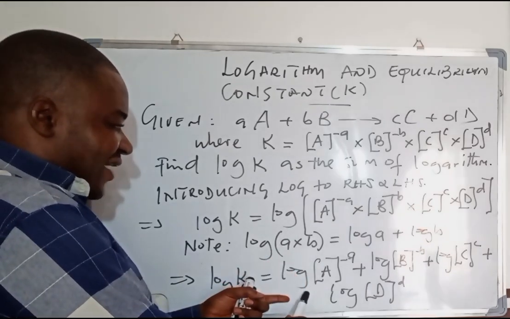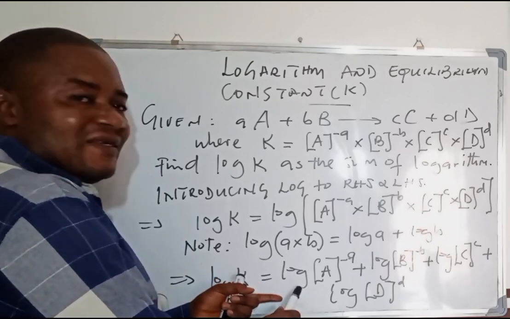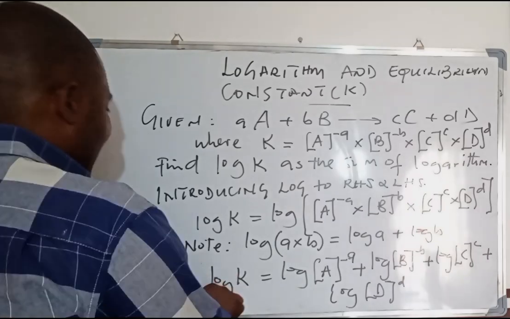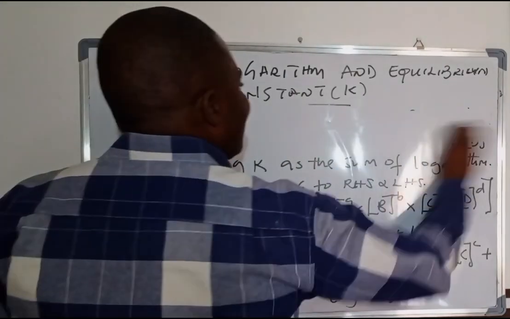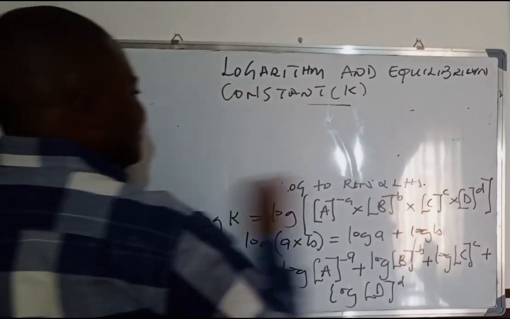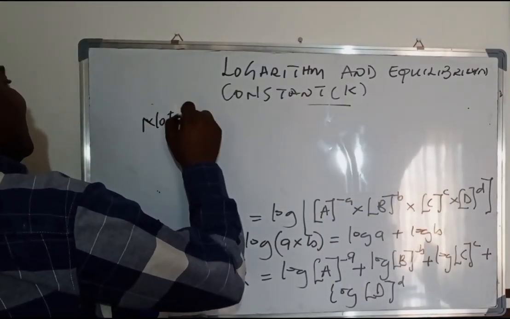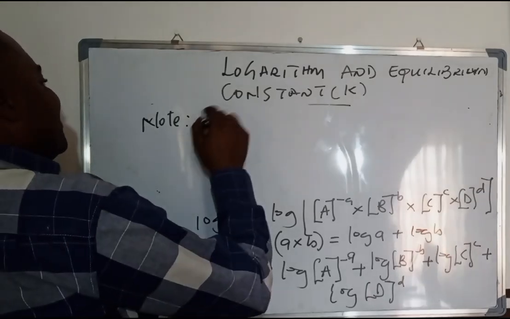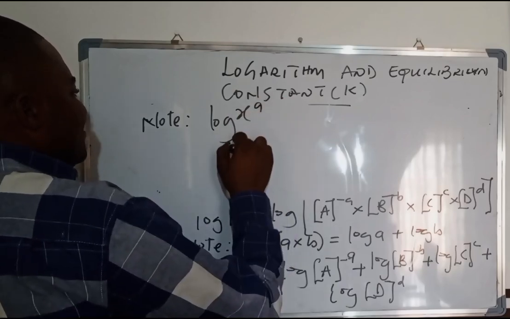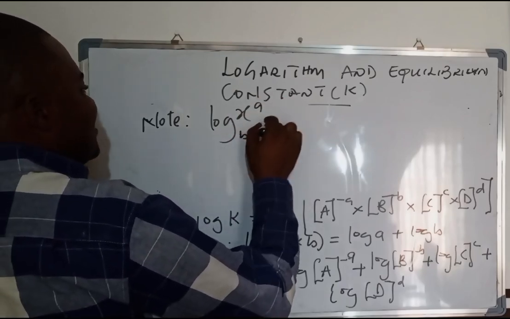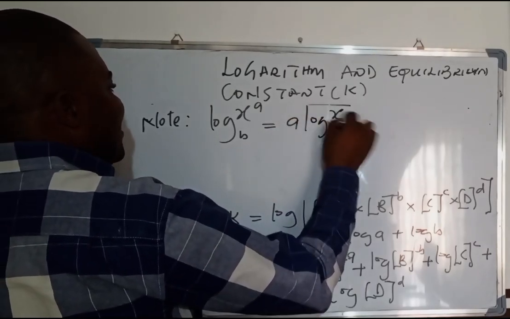So at this point in time, we are now going to introduce another law of logarithm in order to solve it. Now, to introduce that law, it's important for us to note that another law of logarithm lets us understand that where we have the log of x raised to power a, base b, it can be written as a times the log of x, base b.